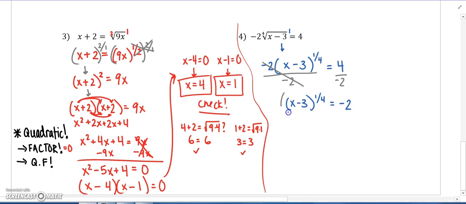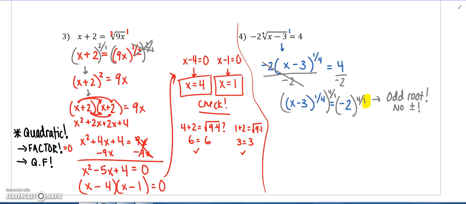And now we can go ahead and raise both sides to the reciprocal. Once again, I think I forgot to do it in the last problem, but hopefully you were smart enough not to forget. Check to see if it's odd or even. Odd root, no plus or minus, no worries. So we're left with x minus 3 on the left side, and then negative 2 to the 4th. Now remember, when you raise a negative number to an even exponent, that negative is going to go away.